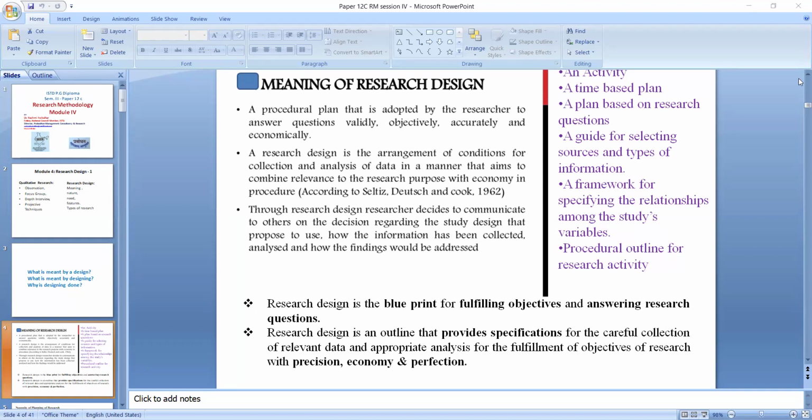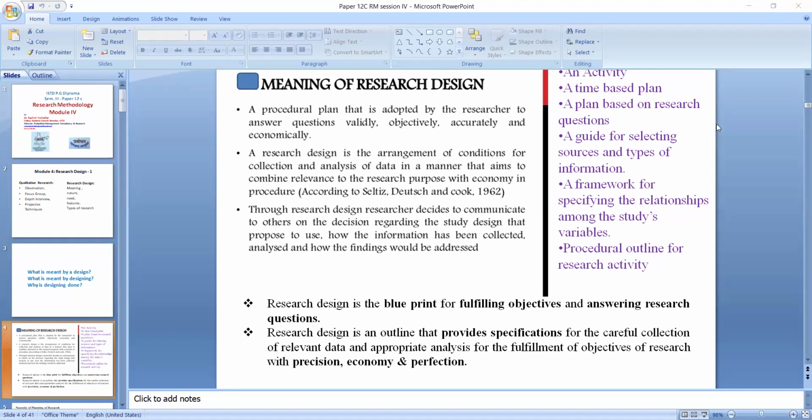Shall I do the questionnaire for the survey, and what kind of sections I will have? So like this, your research questions lead you to how you are going to conduct the research. The answer to this how is the research design. So on the right side, you may find it is an activity.